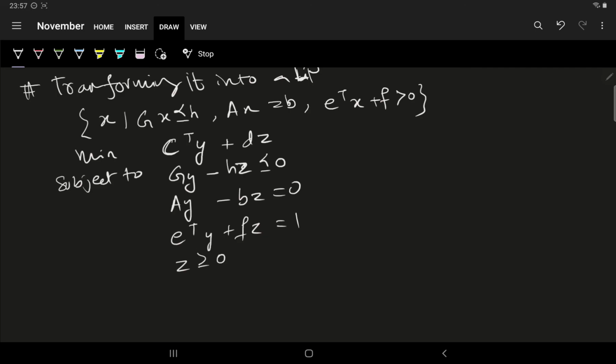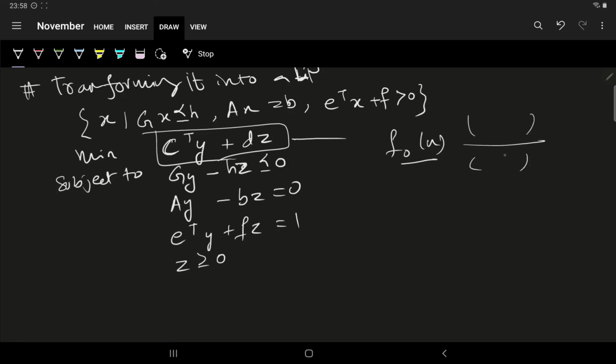We can immediately see from here that we have reduced the ratio of affine functions to just an affine function.